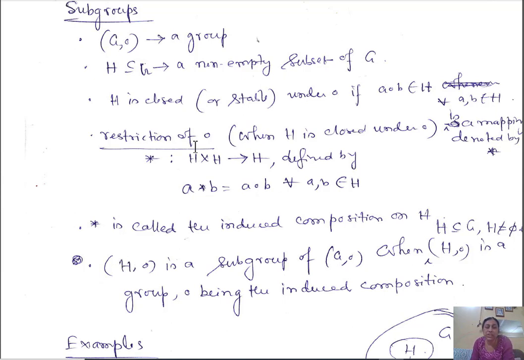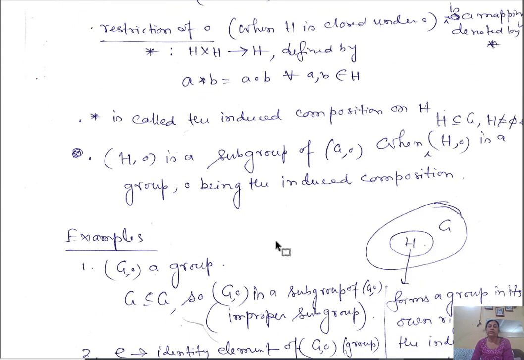We call it a restriction of ∘ when H is closed under ∘. Under this condition, we can define this restriction. So a subgroup means H is a non-empty subset of G, and (H, ∘) also forms a group, where this ∘ is the restriction of this ∘, defined in this way.